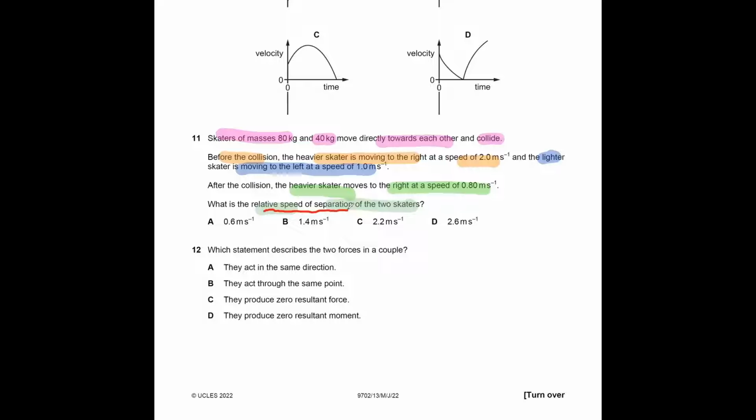It was not mentioned anywhere in this question. Some people assume that the collision is elastic. They straight away find the relative speed of approach, and then say that relative speed of approach equals relative speed of separation, so therefore that's the answer. That is actually the wrong approach here, because there is no mention of elastic collision.